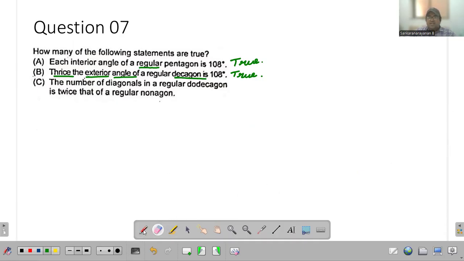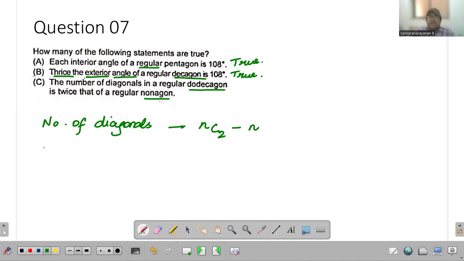The number of diagonals in a regular dodecagon, that is, the number of sides is equal to 12, is twice that of a regular nonagon, where the number of sides is equal to 9. Okay. So, in general, the number of diagonals for a polygon with n sides will be nC2 minus n.